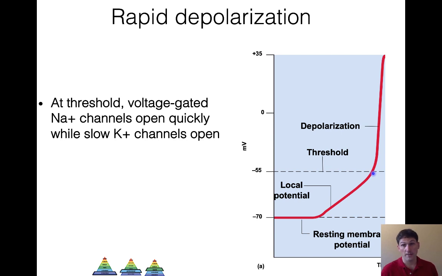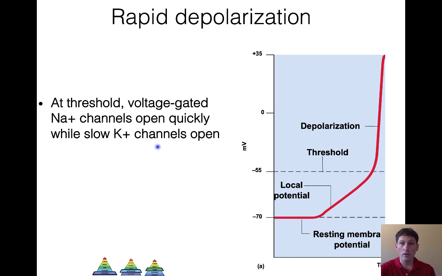At the same time, slow potassium channels start opening, but again, they're real slow. So if you have voltage-gated sodium channels opening really quickly and some slow potassium opening, remember, sodium is going to rush into the cell down its concentration gradient, and you get some of those positive potassiums moving out, but much more slowly.